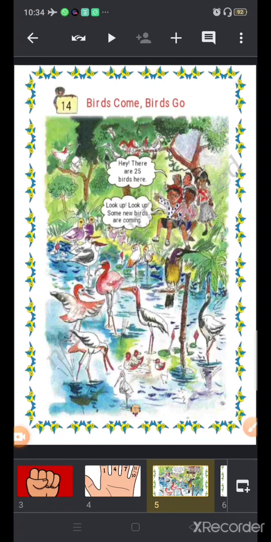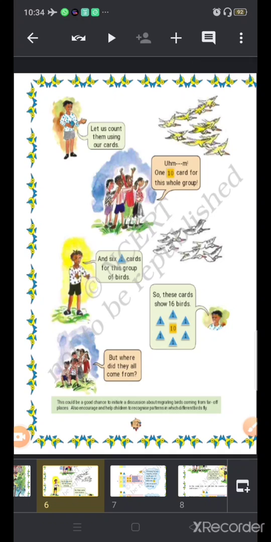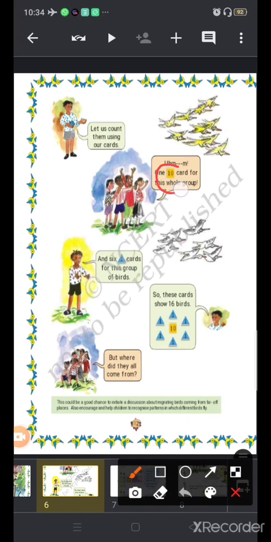One said, let's count them using our cards. One 10 card for the whole group. This card is showing 10 birds. 10 birds means one group.